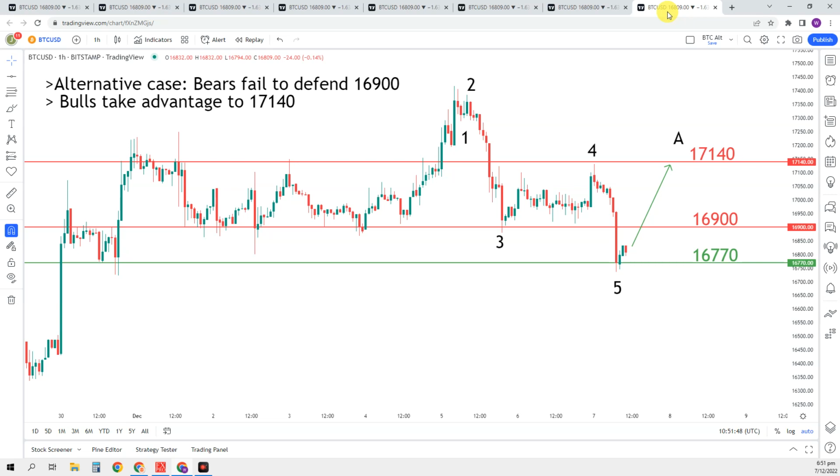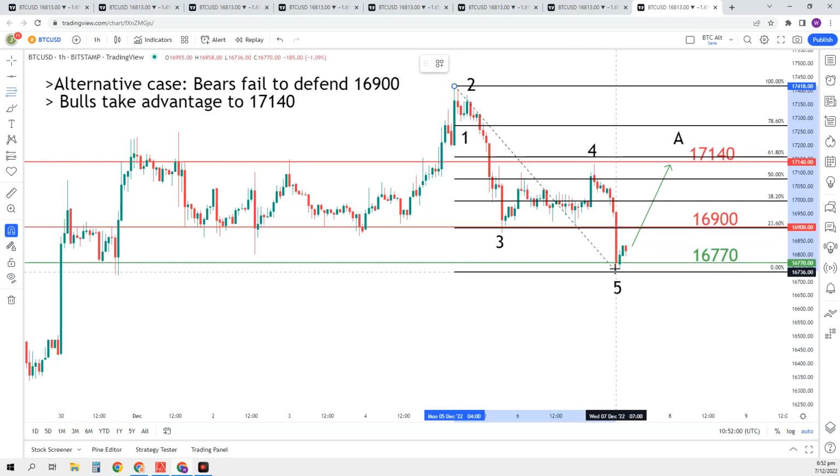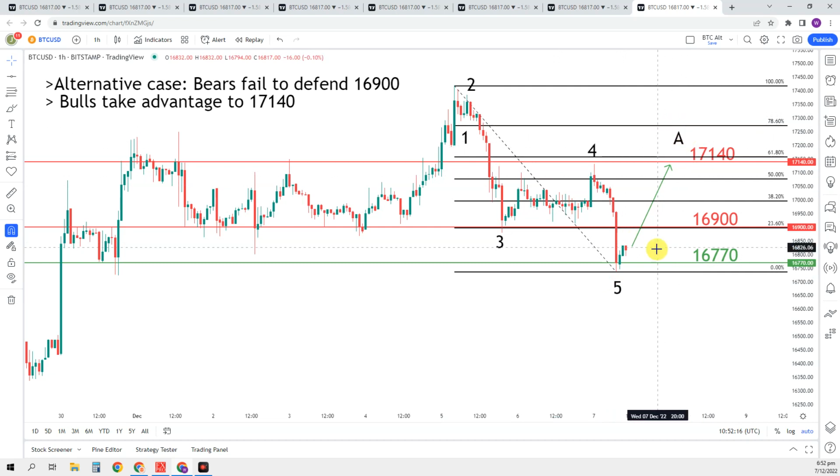For the alternative case, if the bears fail to defend 16,900, by the way, 16,900 is the 23.6% Fibonacci retracement of the wave 5. So if the market is able to break above that 23.6%, it usually means that these 5 waves down are over, and it is very likely that a wave A is going to occur.